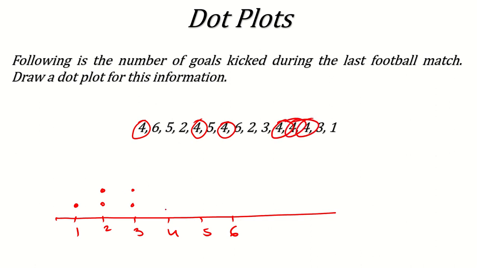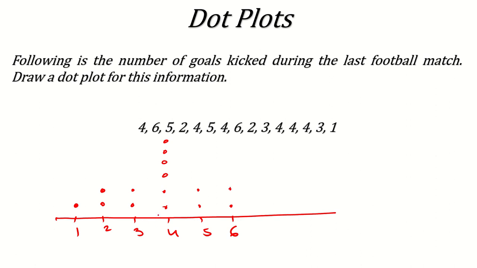So 4 is for 6 times. So 1, 2, 3, 4, 5, 6. Okay. And then 5. 5 how many times you see here? I think only 2 times. 1 and 2. So 2 dots. Okay. And 6 for how many times? It is also for 2 times. So 1 and 2. Like this you can make the dot plot.